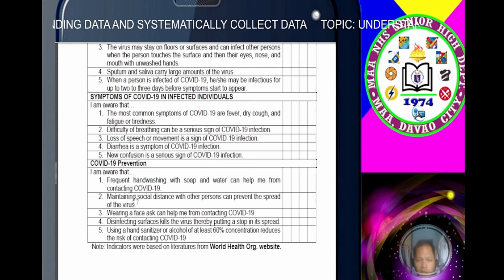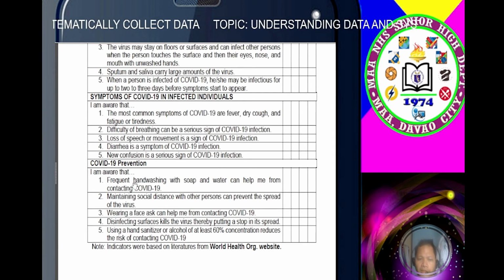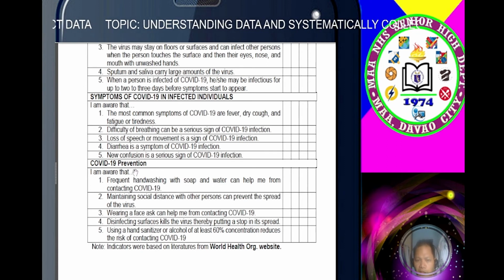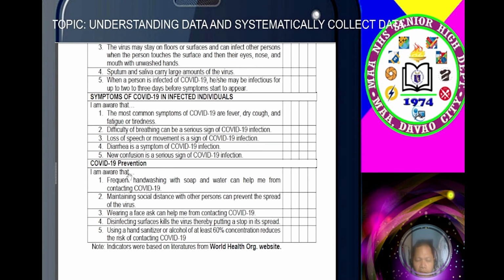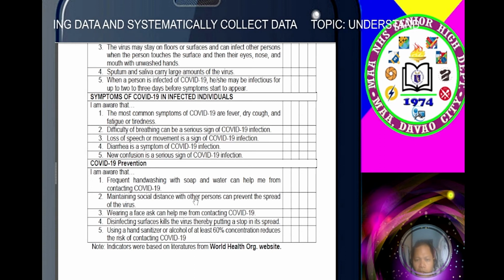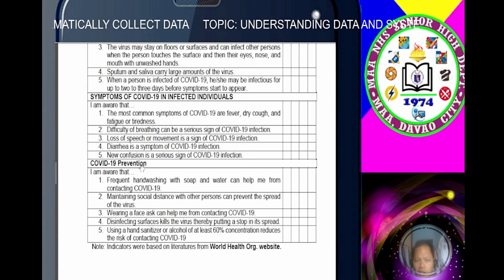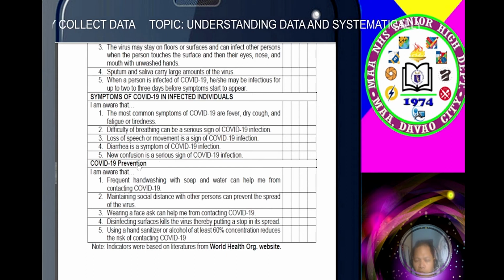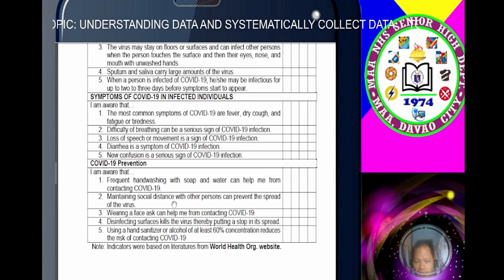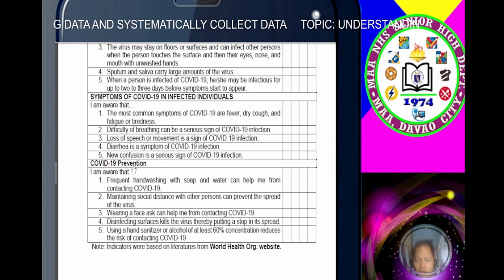Then COVID-19 prevention. Absolutely, your questions here talk about prevention of COVID-19, so don't include items which are not related to prevention. For example, "I am aware that frequent hand washing with soap and water can help me from contracting COVID-19." The question is related to this indicator because it talks about prevention. Number 2 talks about social distancing, a good question for this indicator.